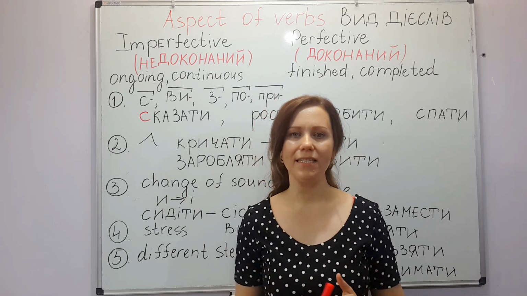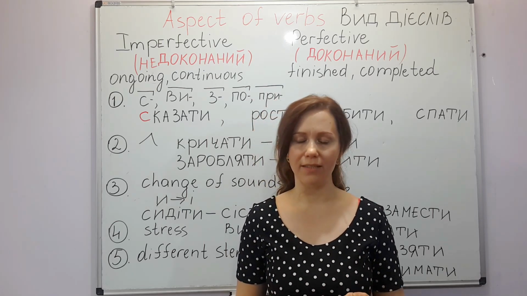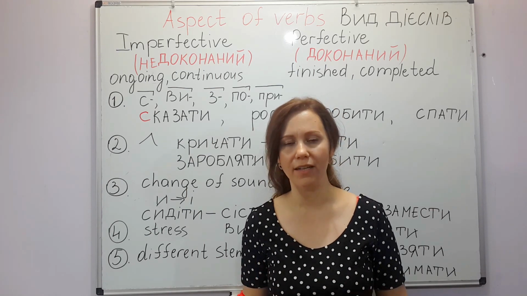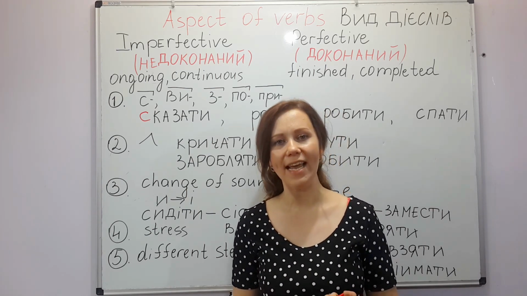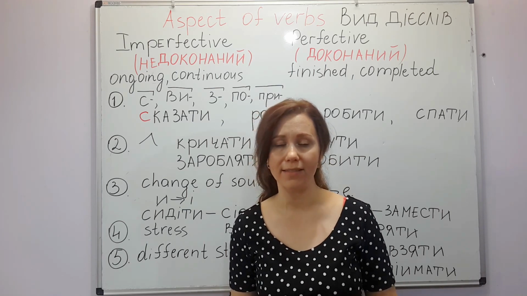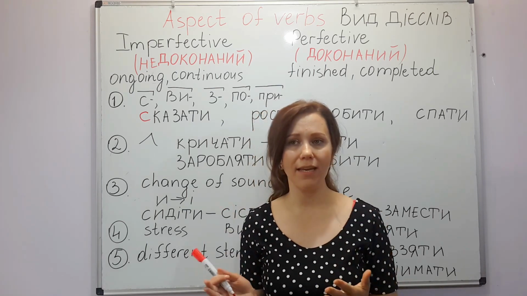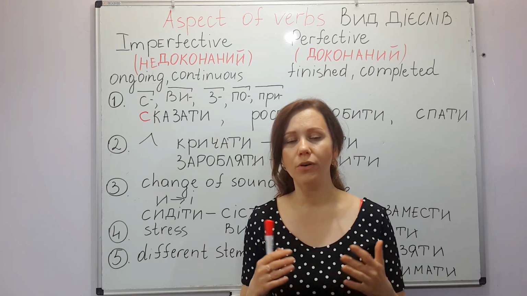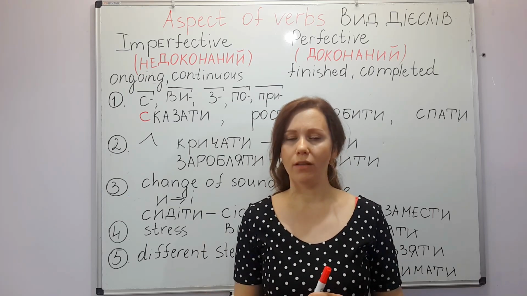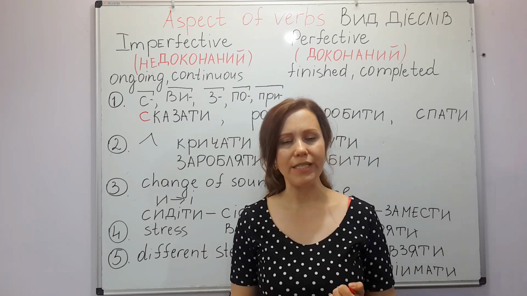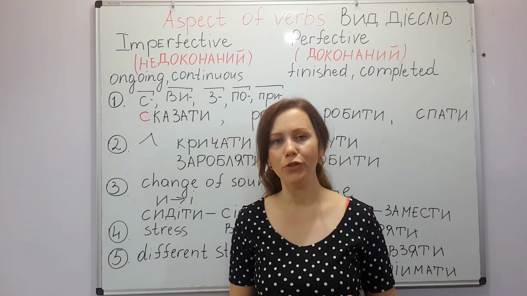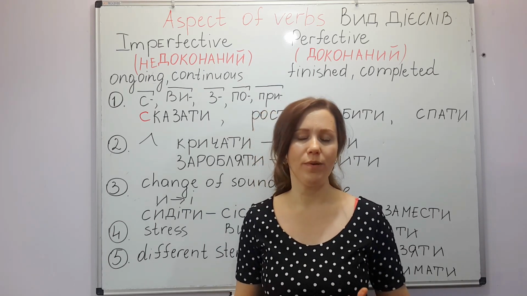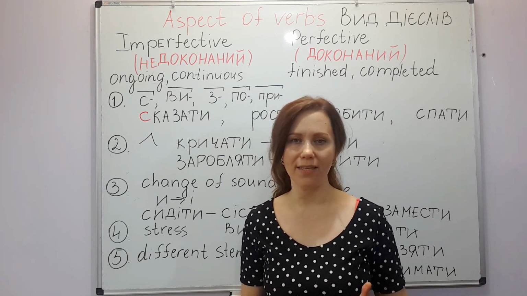But I think this is difficult for language learners. Of course, it's easy for native speakers, for Ukrainians. They don't even think about how to create them or what to add. But I will explain these rules for you, and maybe they won't be as difficult for you as I think.